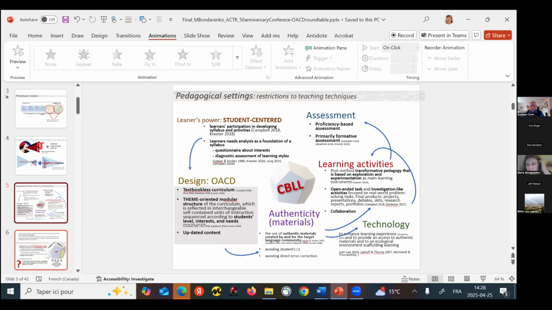Also, the usage of authentic materials and technology providing access to such materials. Learning activities, as Betty just explained, are based on post-method transformative pedagogy that is based on exploration and experimentation, and we also use open-ended tasks and investigation-like activities.